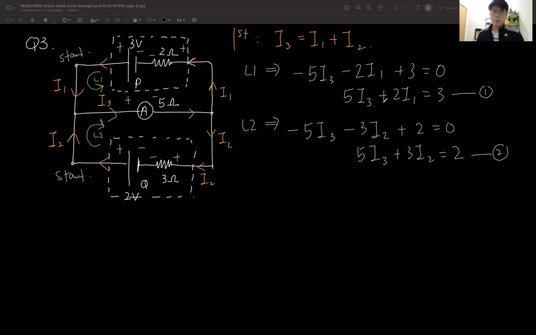Our equations have I1, I2, I3, so you need to make it become 2 unknowns only. So I can change, solving for I3 from equation 1.